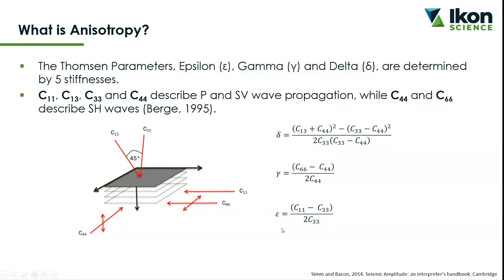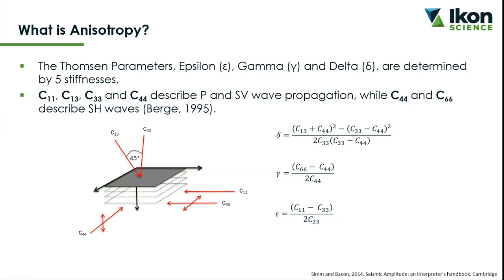So you can see, for example, epsilon is primarily dependent on the vertical and the horizontal stiffness. That's describing the change in the stiffness, or the change in the velocity, as you move from a wave in the vertical to the horizontal direction. And depending on the Thomsen parameter of interest, we have a different mixture of either P wave, S wave, or a combination of the two that contribute to the anisotropic parameter.